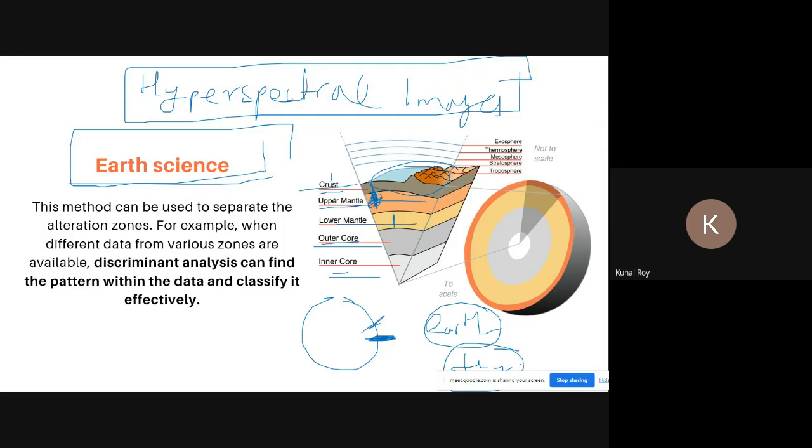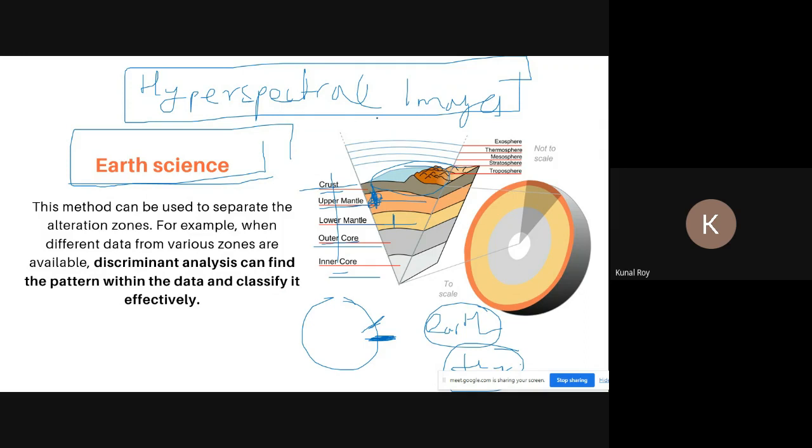So we can have more than one independent variable, and more than one dependent variable, that is, earthquake and flood. This is also an application of discriminant analysis.